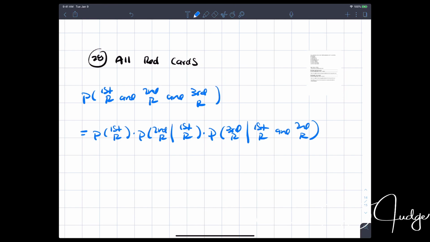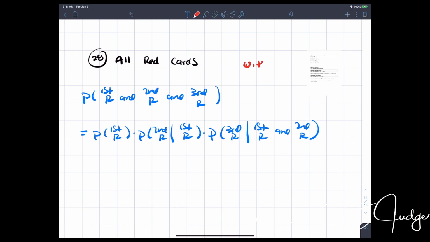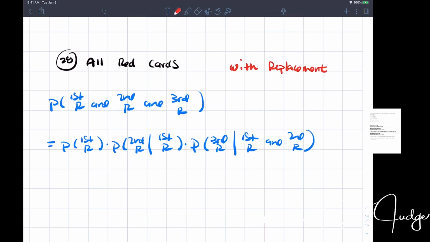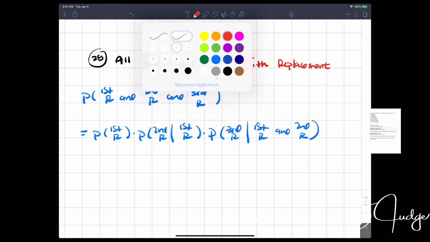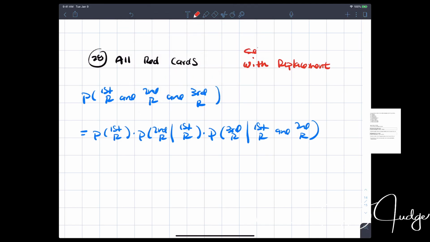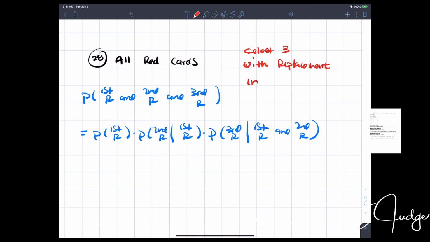Okay, so you guys know, remember, this is with replacement. This is analogous, and we're selecting 3, this is analogous to being again independent.